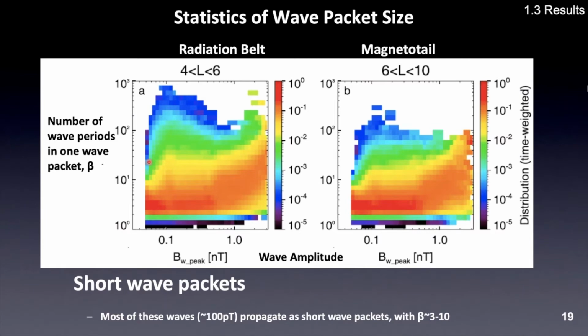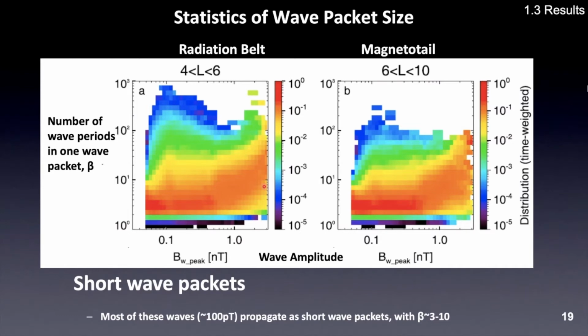We found from our data set that most of these waves propagate as very short wave packets, with a wave packet size less than 10 or 20. It has been shown before in simulations that these short wave packets can significantly suppress the nonlinear effects of these intense waves.